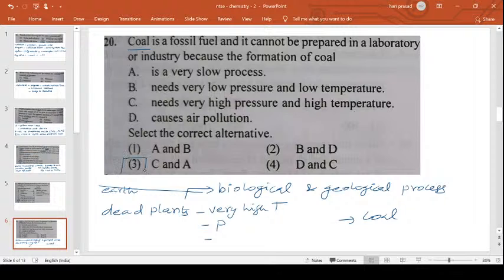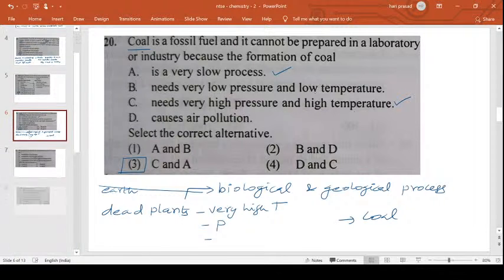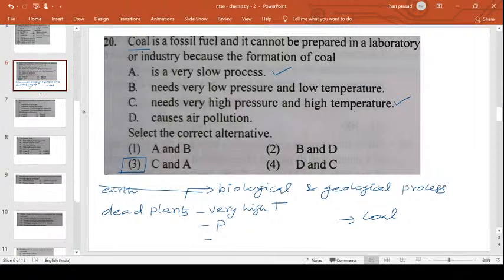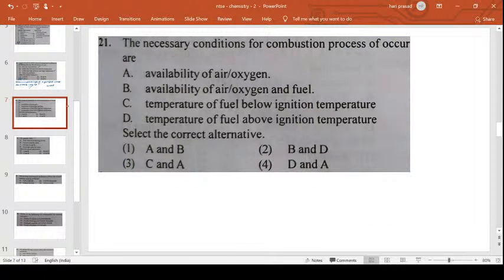So it needs very high pressure and high temperature. It is a very slow process because it will take plenty of years. Therefore, a slow process and needs very high pressure and high temperature. Next question.